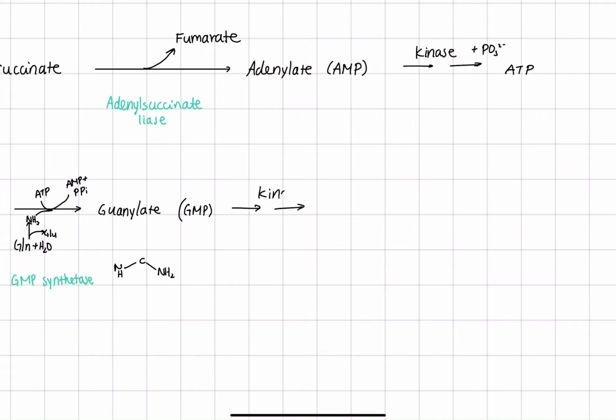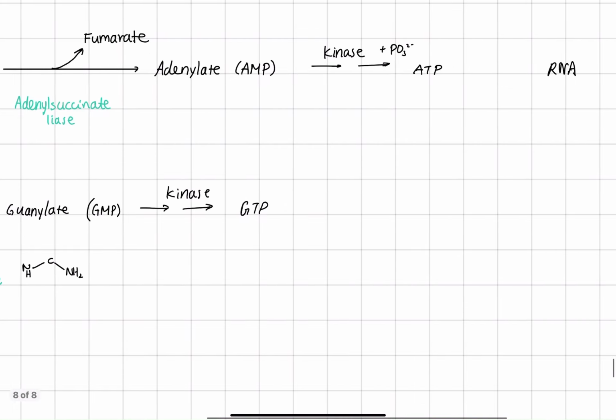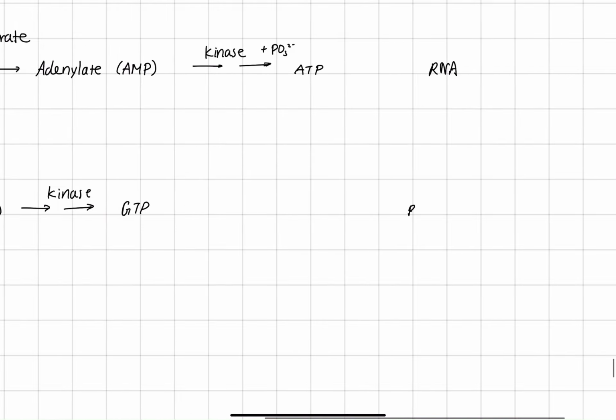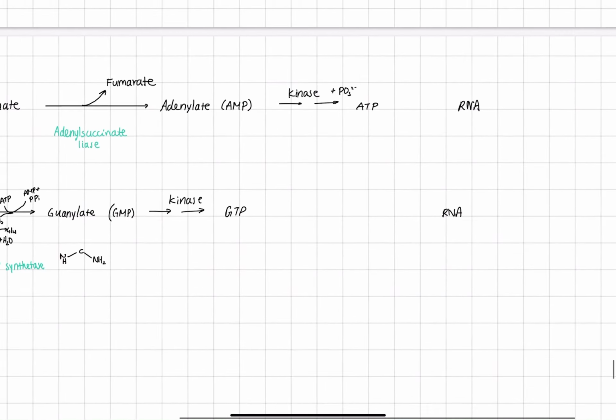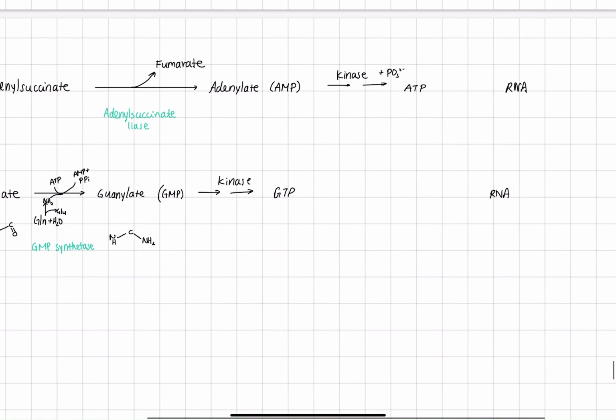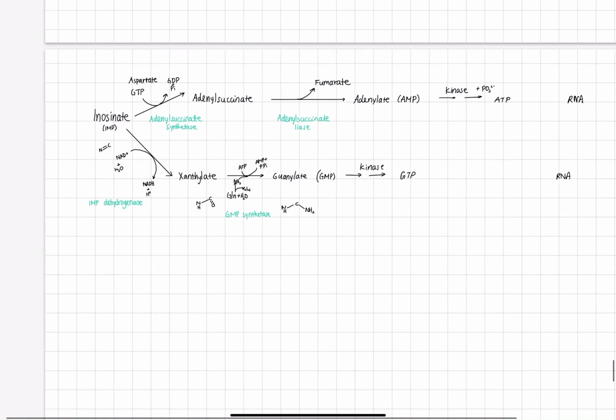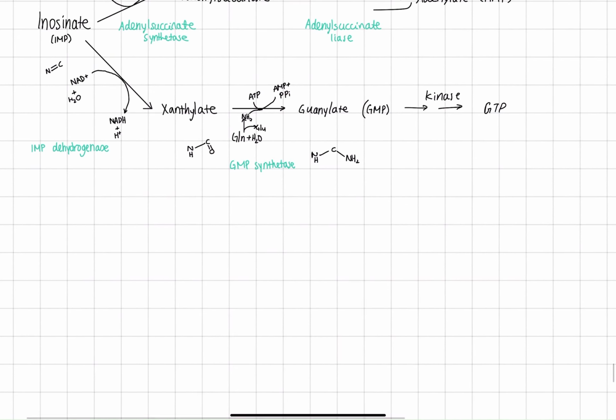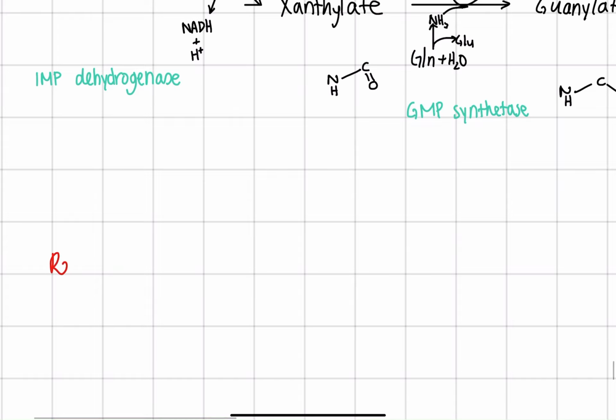Another kinase to form GTP. They can all be used in RNA. Also in a later video, we're going to see that special enzyme to form deoxy ones.